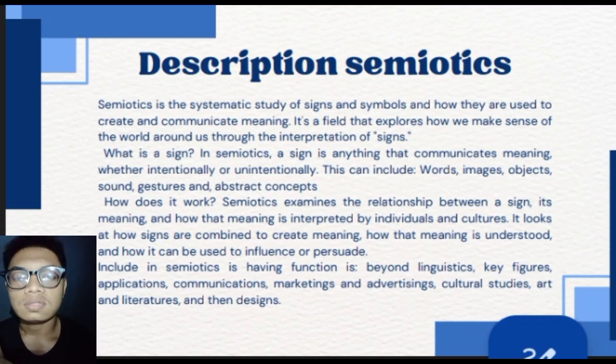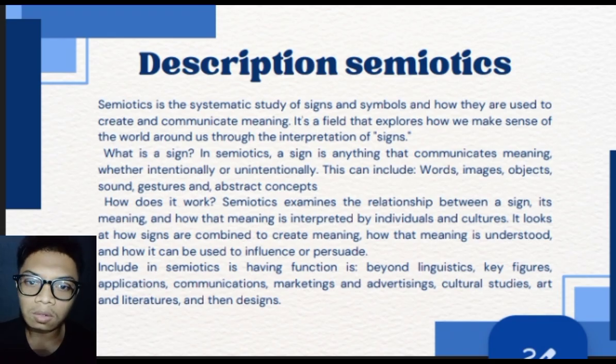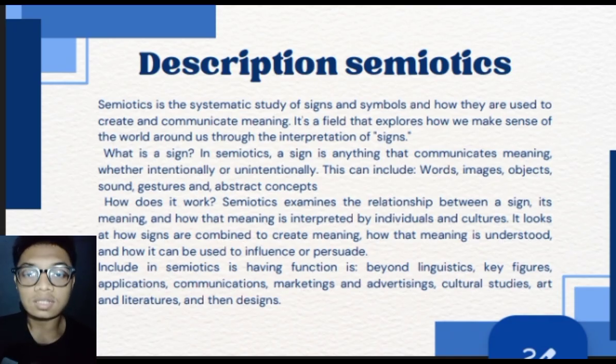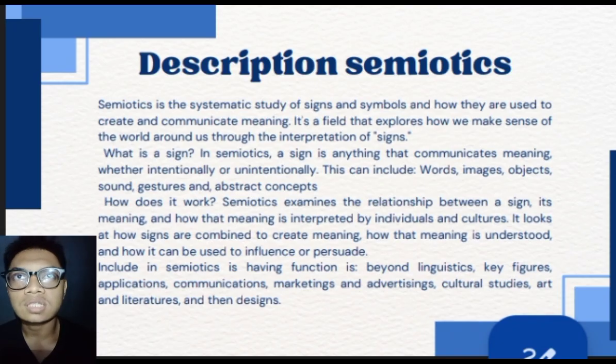In semiotics, signs can be spoken or written words, images like memes, posters, logos, and objects like clothing or a wedding ring. In sounds, semiotics can be applause, a school bell, or music.